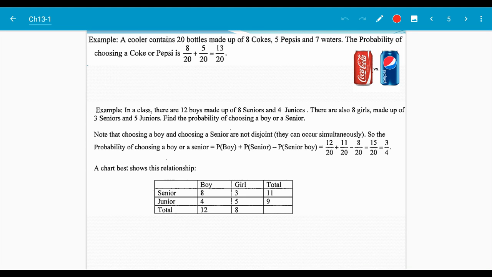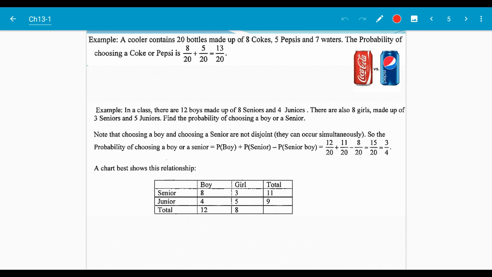Well, when we're selecting one bottle, okay, we can't have Coke and Pepsi at the same time. So these are disjoint events, and we can just add their individual probabilities together. Probability of Coke is 8 out of 20. Probability of Pepsi is 5 out of 20. And then our resulting probability, 8 plus 5, is 13 out of 20. Easy enough.